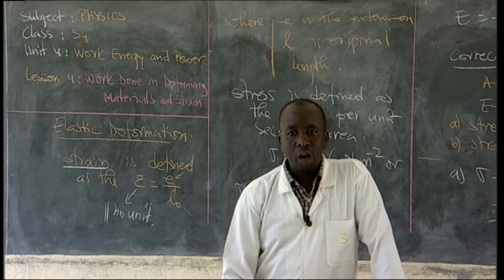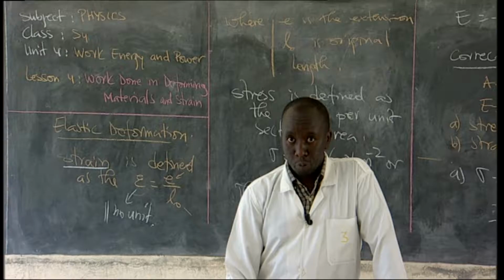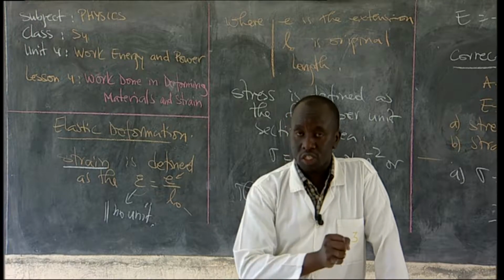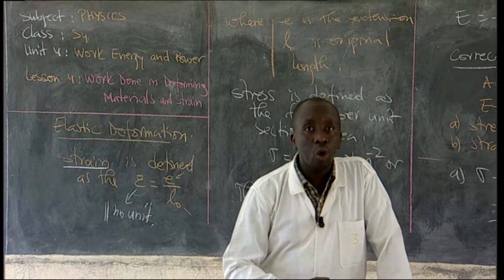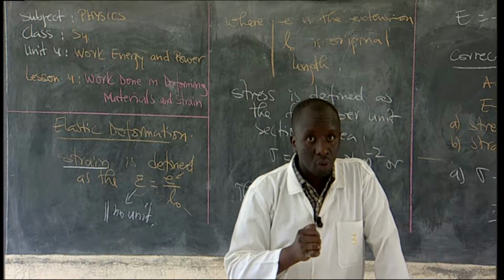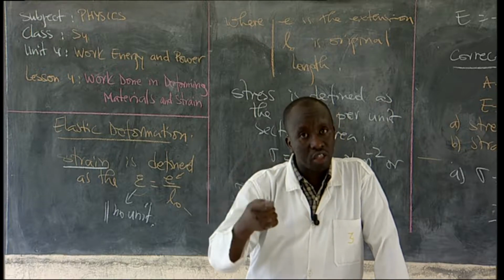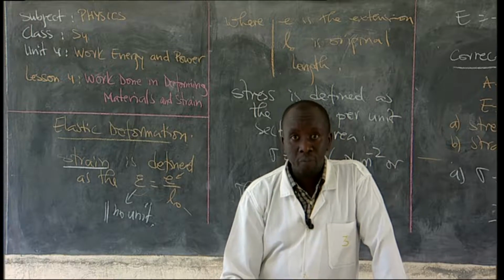So the point that we have here as P is the limit of proportionality. We'll be saying that for this point, Hooke's law is obeyed. And you know what Hooke's law is. We will again go back to this diagram in the next lesson.